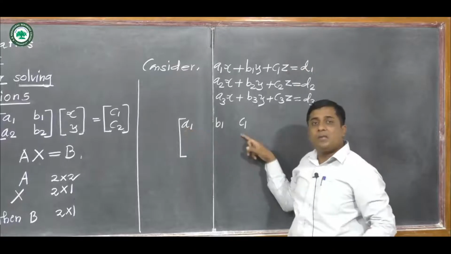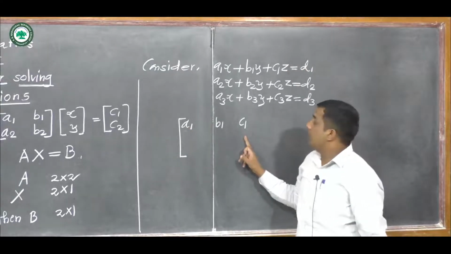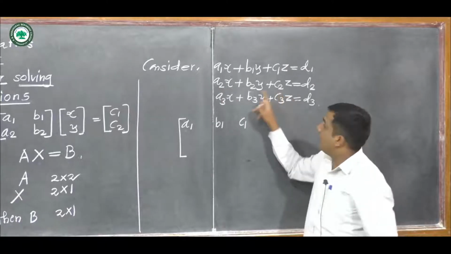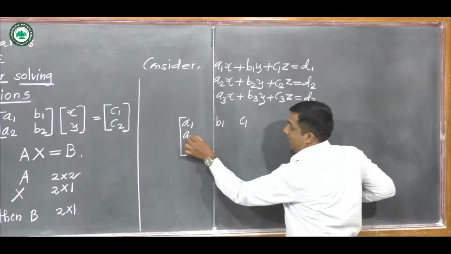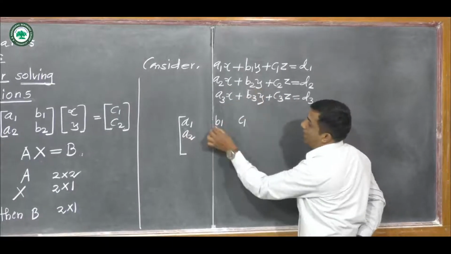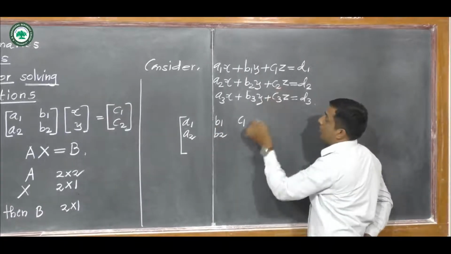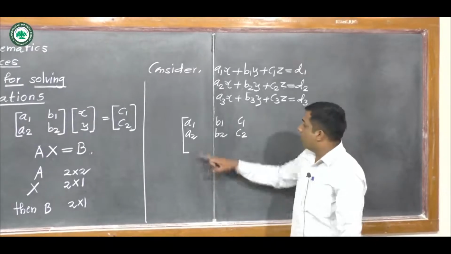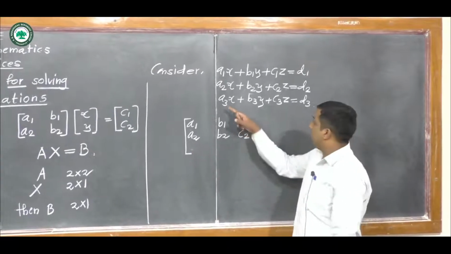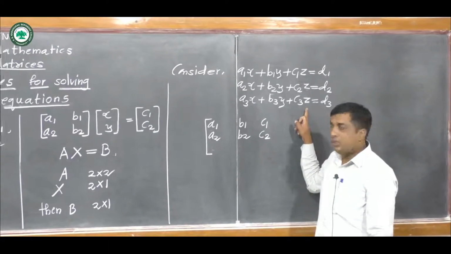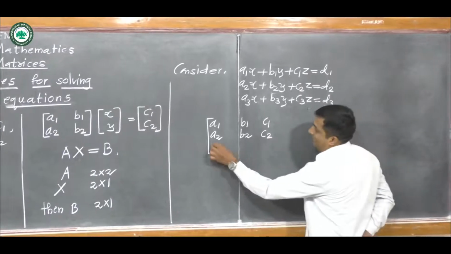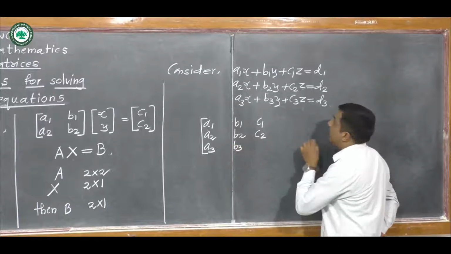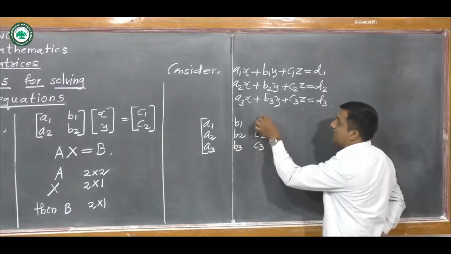This is for the first row. For the second row we consider the second equation: the coefficient of x is a2, of y is b2, of z is c2. For the third row we consider the third equation: the coefficient of x is a3, of y is b3, of z is c3.